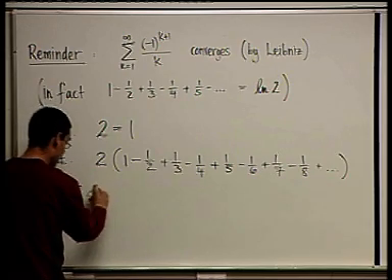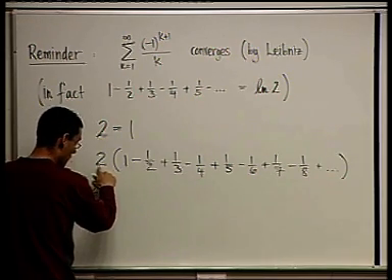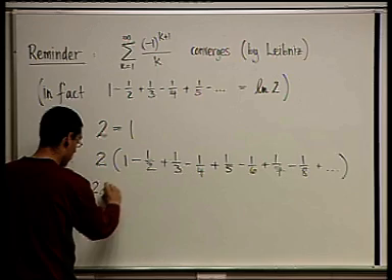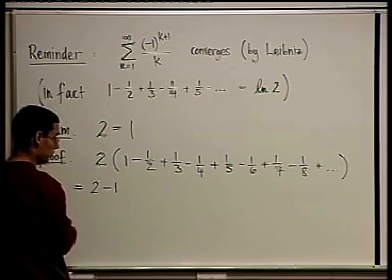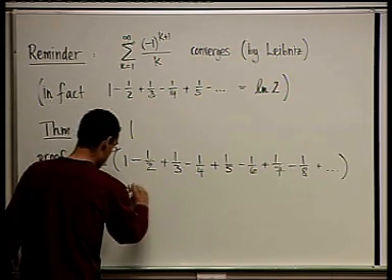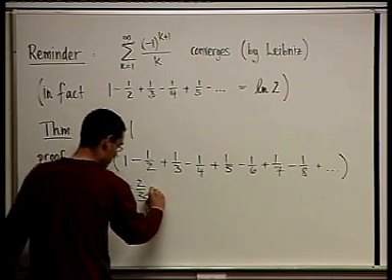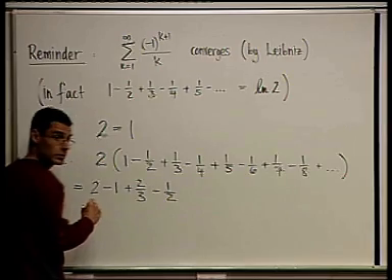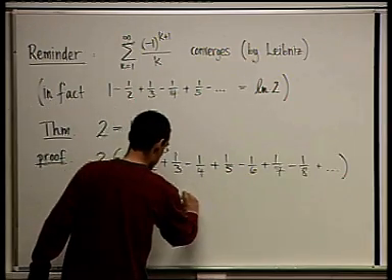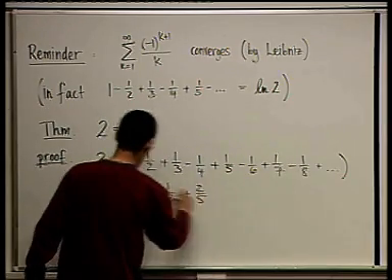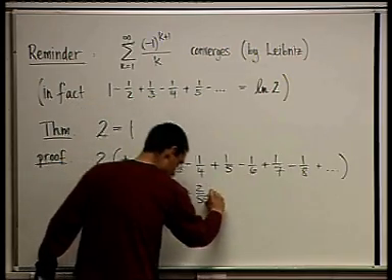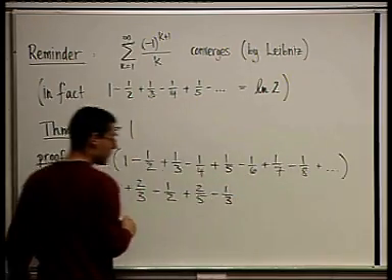So 2 times this number equals, well, I'm going to multiply all of these by 2. So what do I get? I get 2. 2 times 1/2 is 1, so I have minus 1. Plus 2/3. Minus 2/4, which is minus 1/2. Plus 2/5. Minus 2/6, which is minus 1/3.